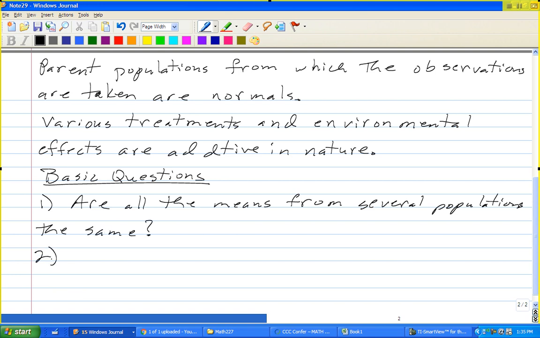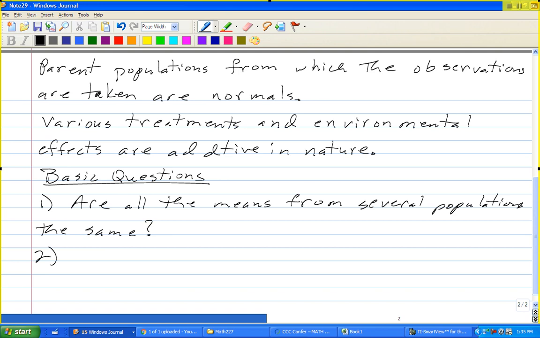So maybe, is mean 1 the same as mean 2, the same as mean 3, up to maybe you have 12 populations. Are all their means the same? Or maybe are they not all the same? And so you look at that and try to answer that.